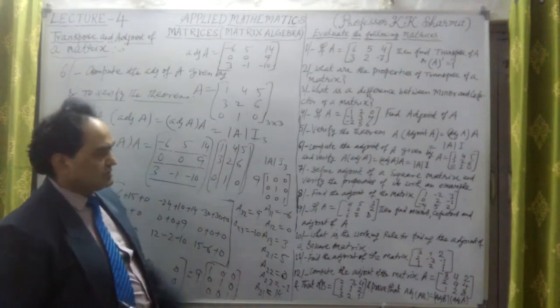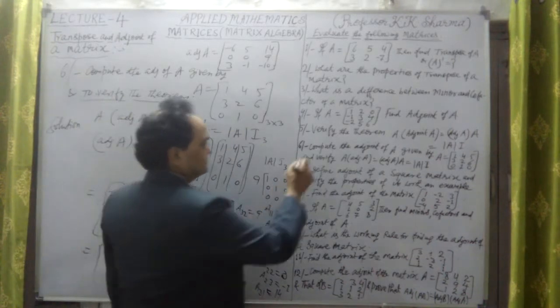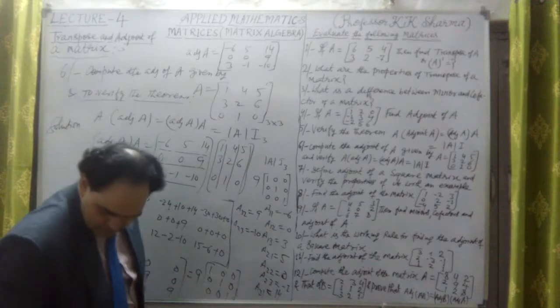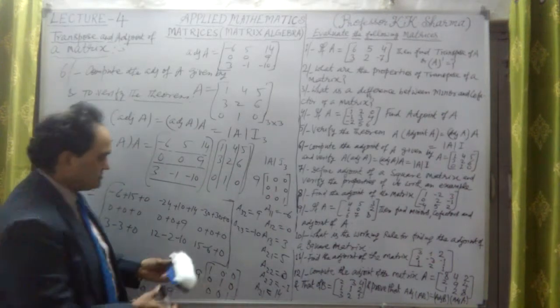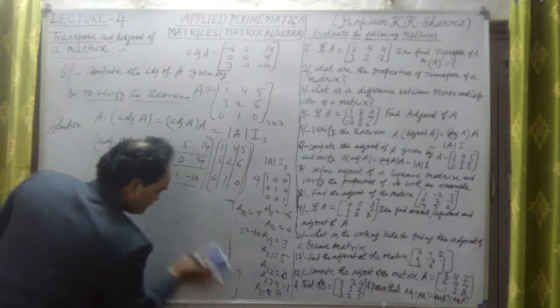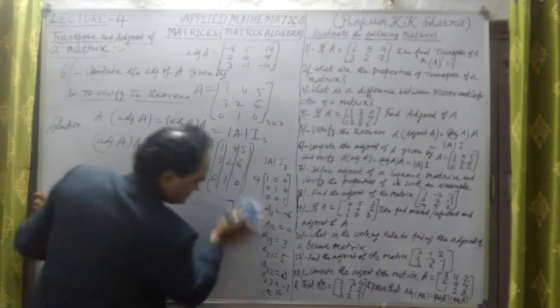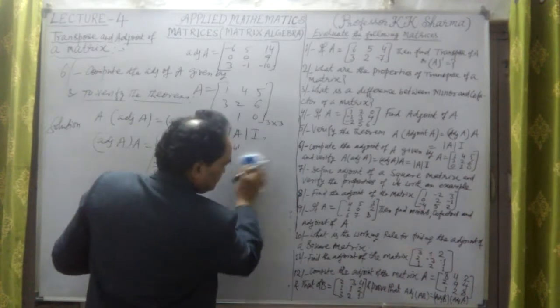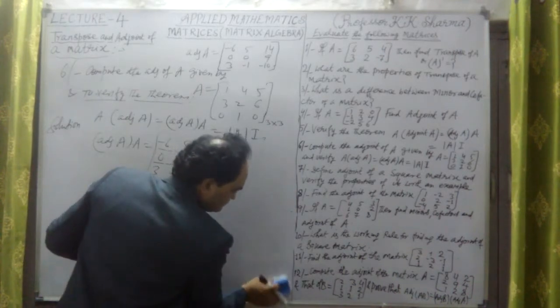So this is the proof of question number 6. We have done question number 6. Hence the theorem based on the adjoint of matrices is verified and proved. With this illustration, we have proved that yes, this is true.